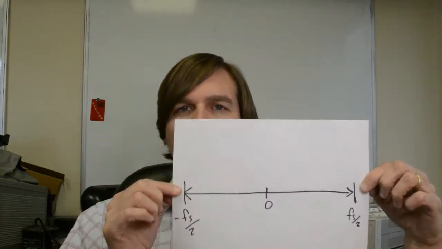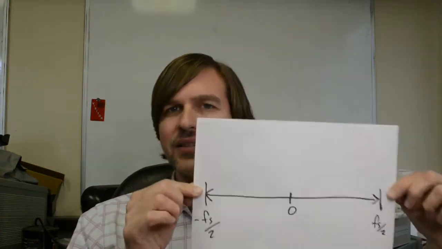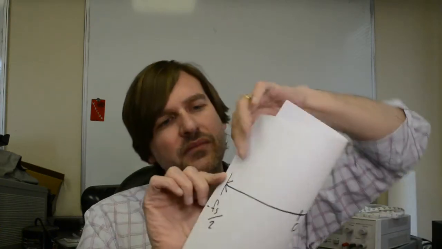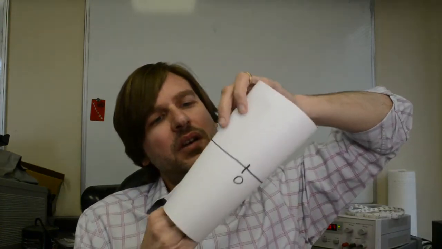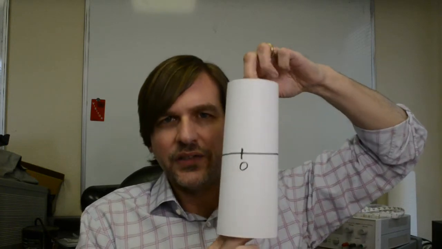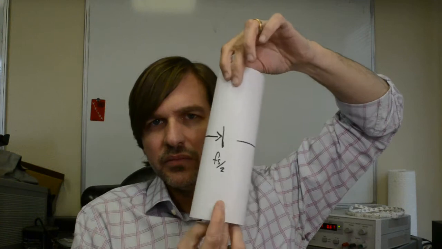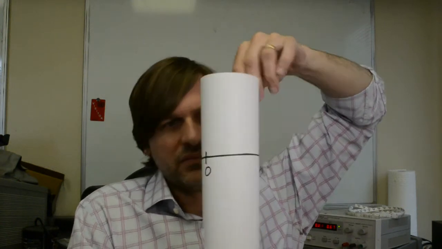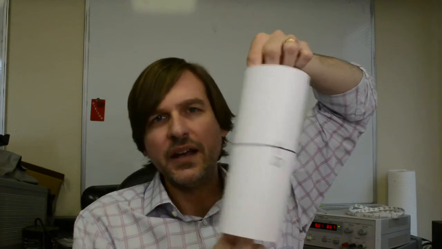In digital signal processing, we normally represent the frequency domain in a planar plot like this. But it's not truly a plane. The frequency domain is cylindrical. It's periodic. If you go off one edge, you come around the other side.